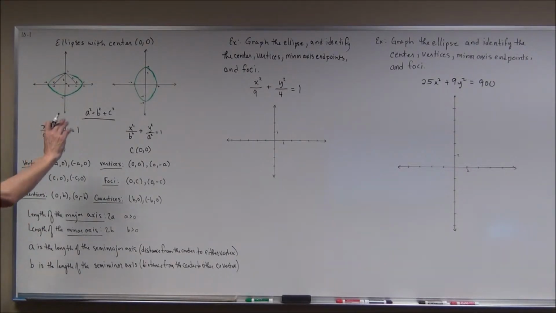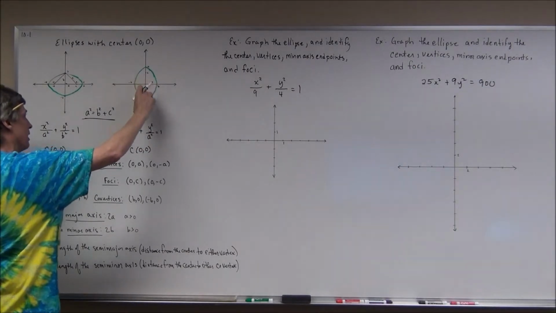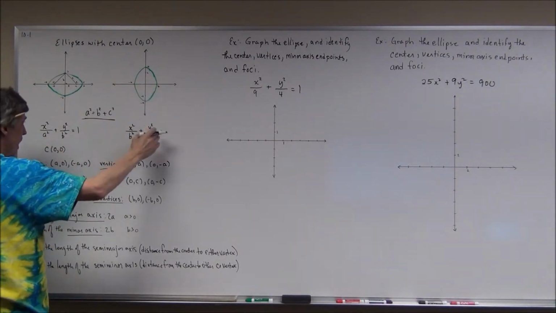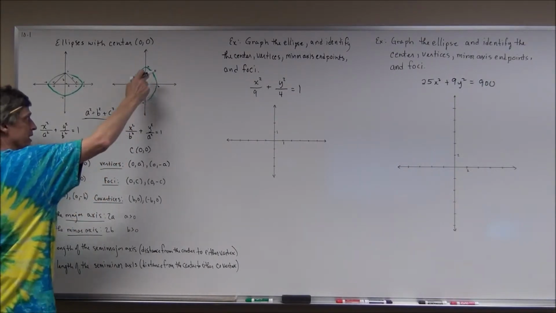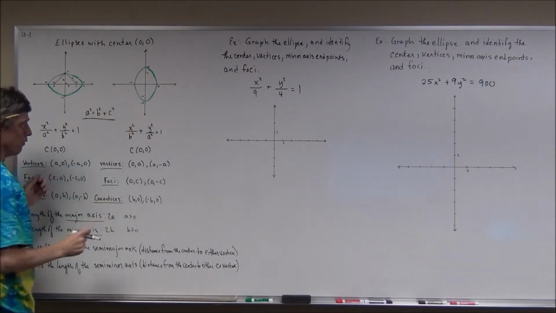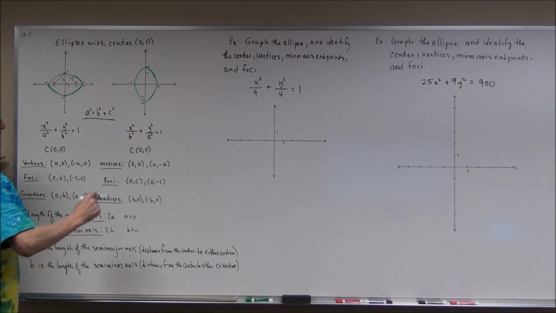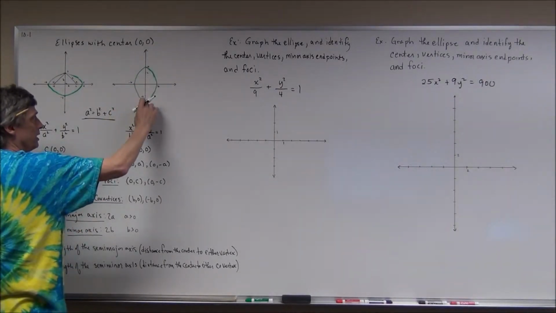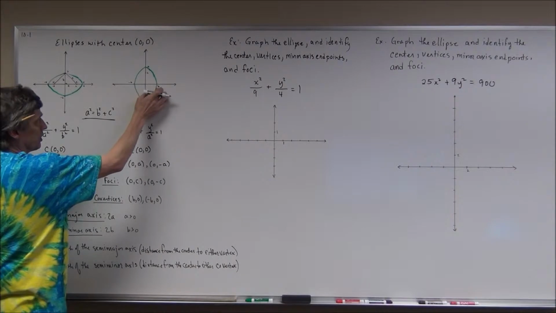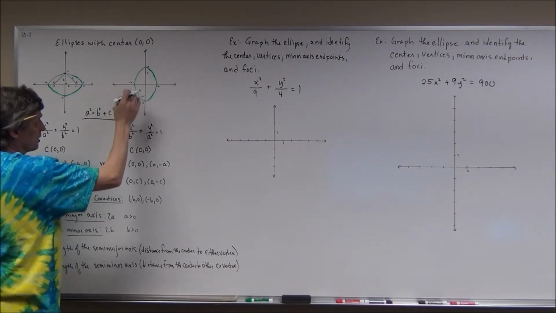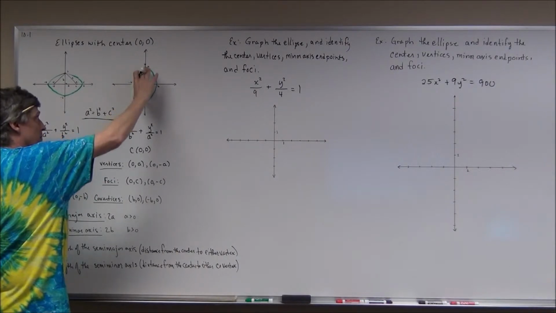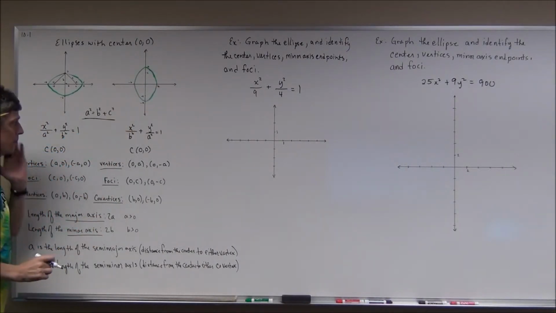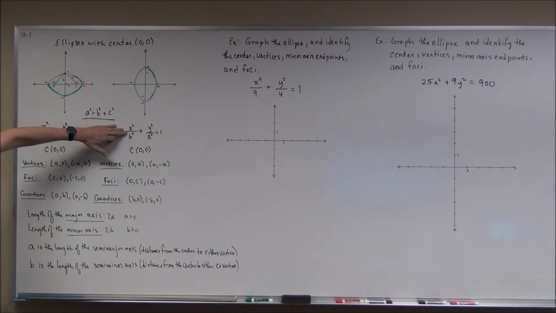So if we have the foci on the y-axis, still with center 0, 0, we get a vertically elongated oval shape, the ellipse there, and its vertices are up here at 0, A and 0, opposite of A. Its co-vertices are at B, 0 and opposite of B, 0. The vertical is now the major axis, the horizontal is now the minor axis, and the equation looks like this.